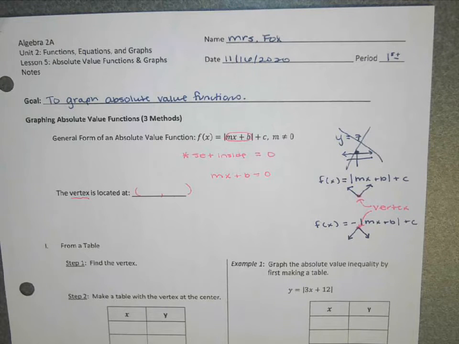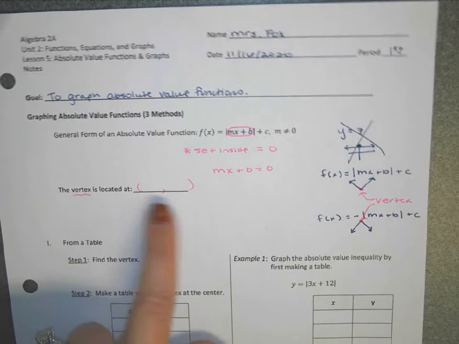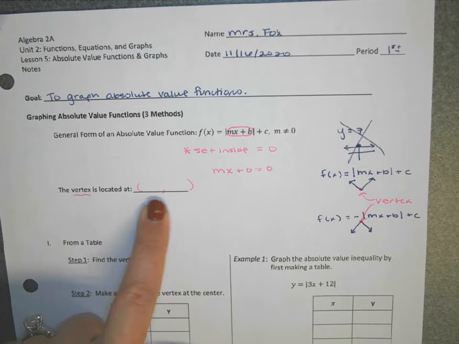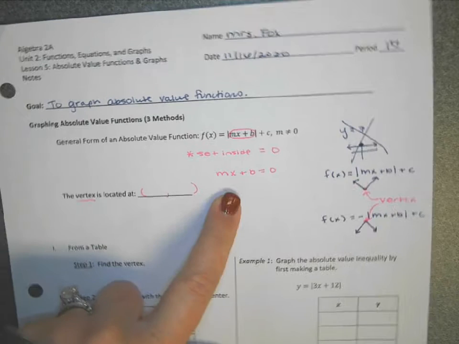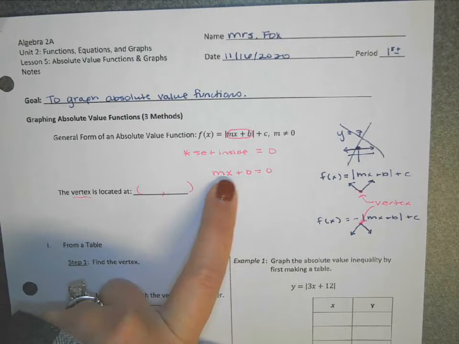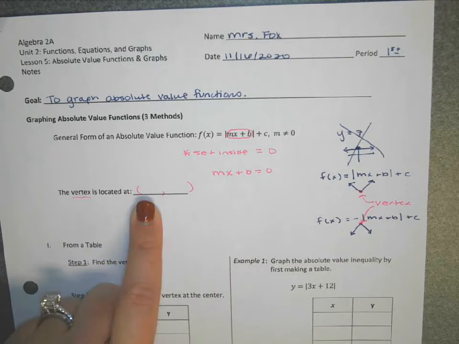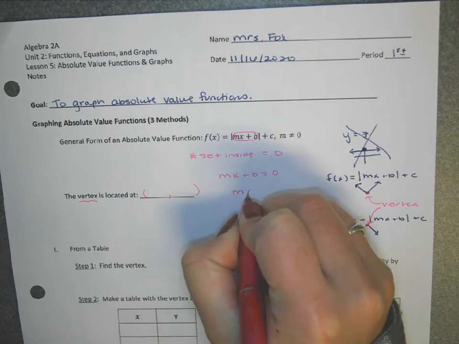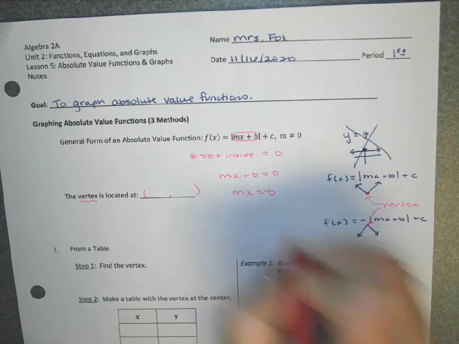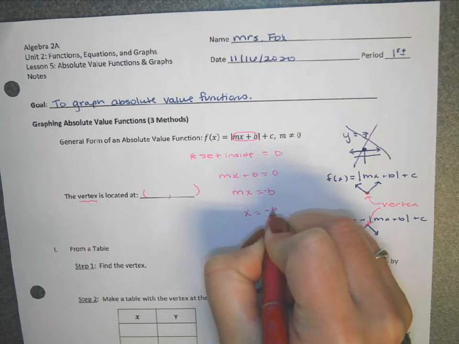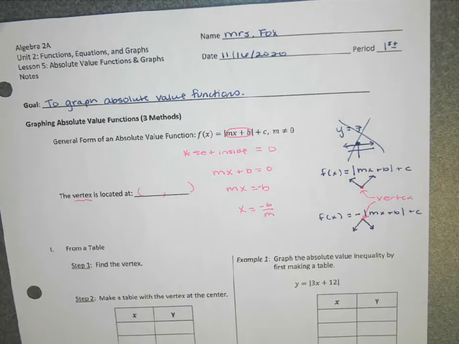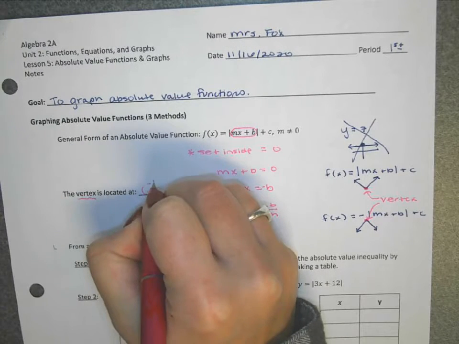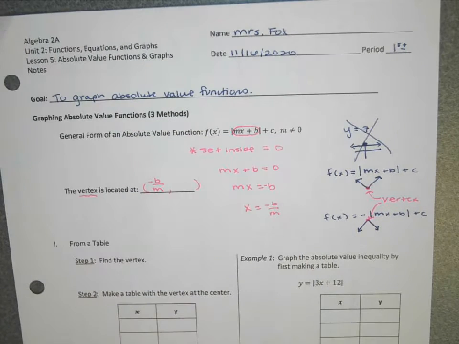Okay? Now, we have to figure out what that point is. So we're going to have to figure out the x-coordinate and the y-coordinate. Once you set the inside equal to 0, if you solve for x, that'll tell you what the x-coordinate is. So in this case, we would subtract b, and then we would divide by m. Okay, so we'll have that number, and that would go right here.